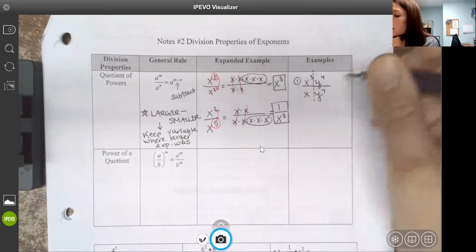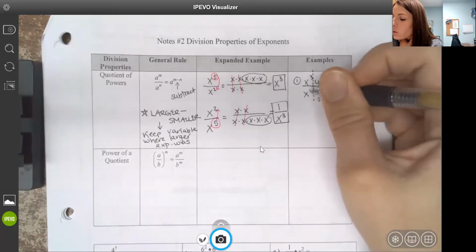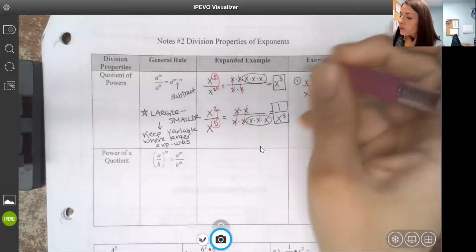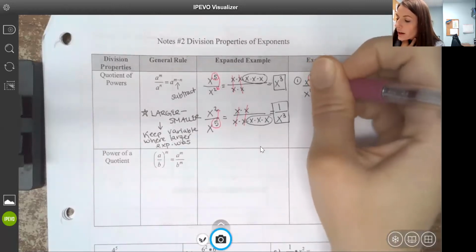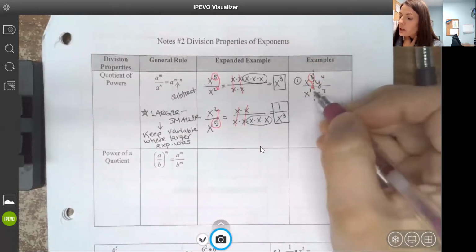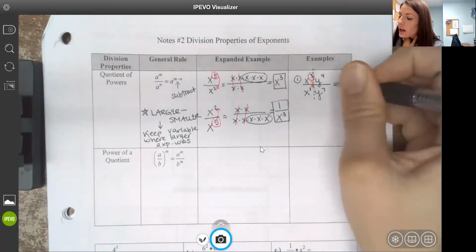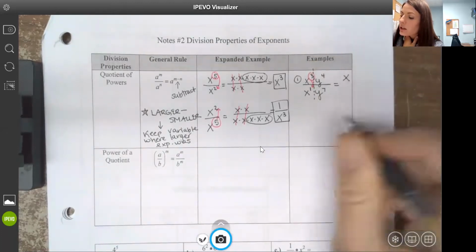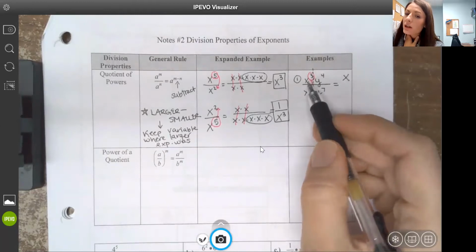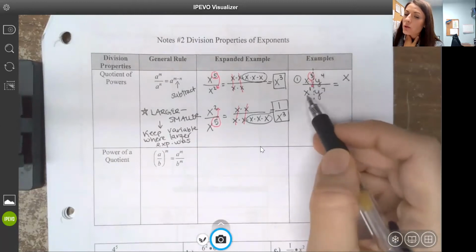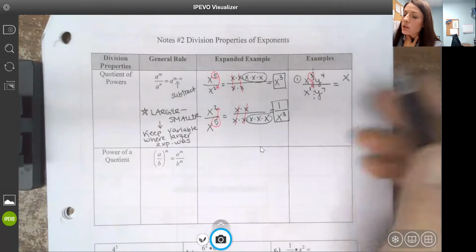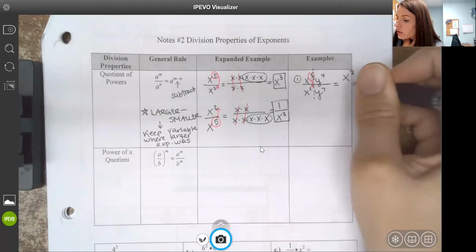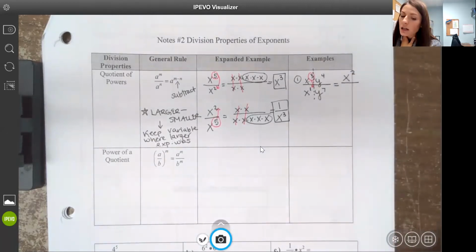For my x's, I have 3 in the numerator and 1 in the denominator. I have more factors of x in the numerator than in the denominator, which means x is going to live in the numerator in the end. Subtracting, 3 subtract 1 tells me that I will have 2 factors of x left in the numerator.